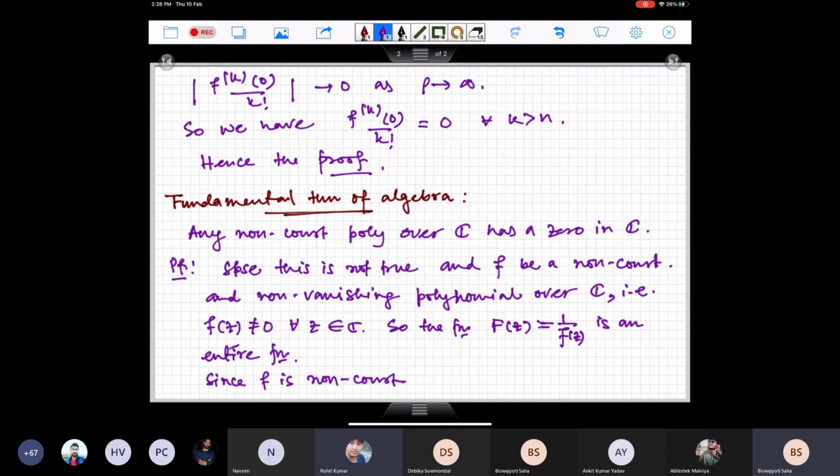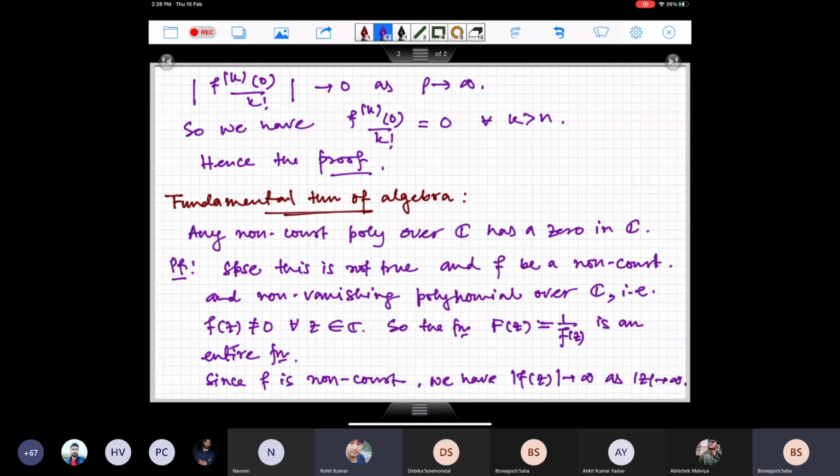I already told you orally that a polynomial grows like some constant times mod z power n, that's the leading factor. So effectively, since f is non-constant, we have mod of f of z going to infinity as mod z tends to infinity.